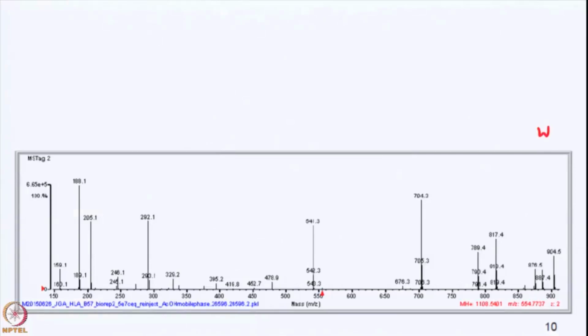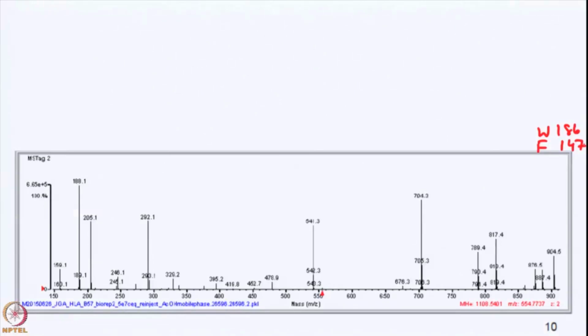The amino acid mass for tryptophan is 186. Phenylalanine is 147. If we add 19, we would get the Y1 ion mass. So Y1, if it was a tryptophan, would be 205, and if it was a phenylalanine, it would be 166.